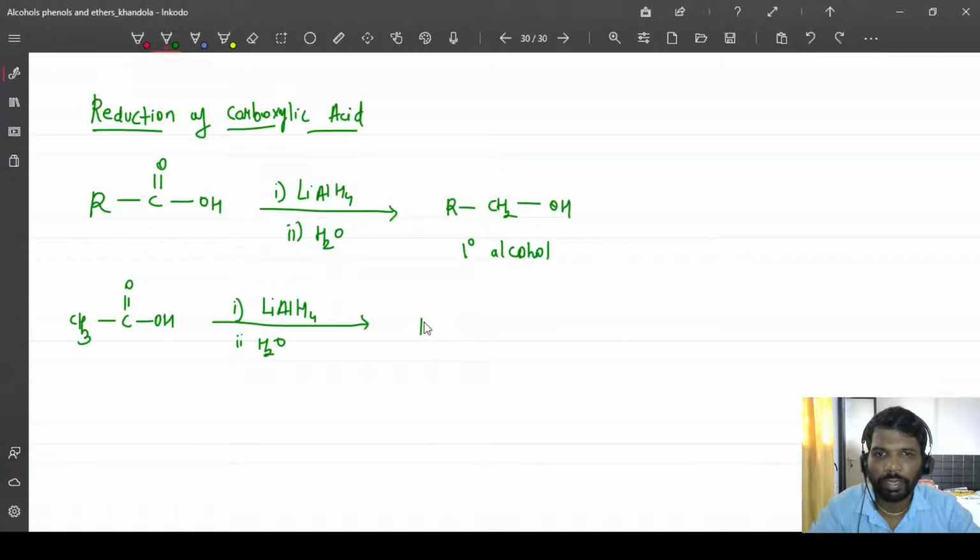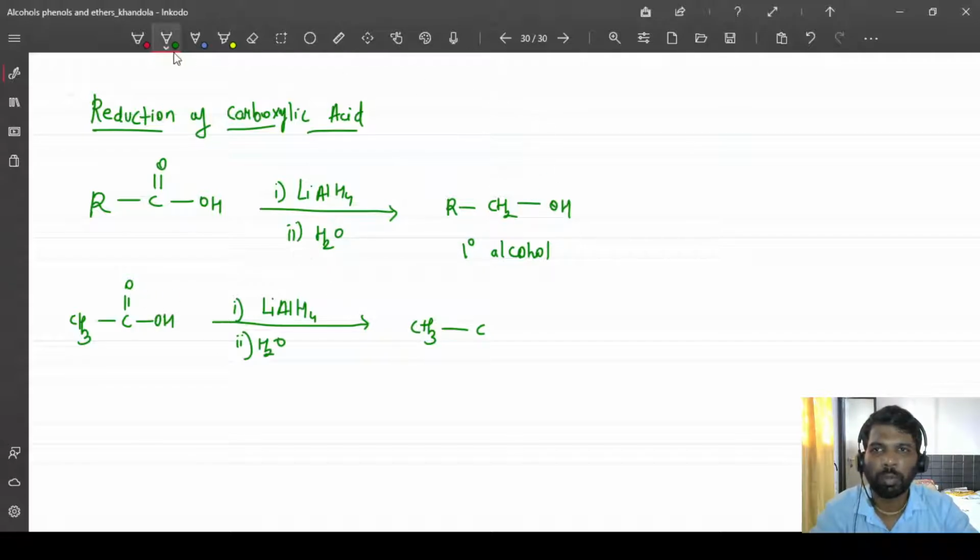I will get over here CH3, CH2, OH. Or in simple terms, in the case of carboxylic acid, what you can observe is this oxygen is removed.